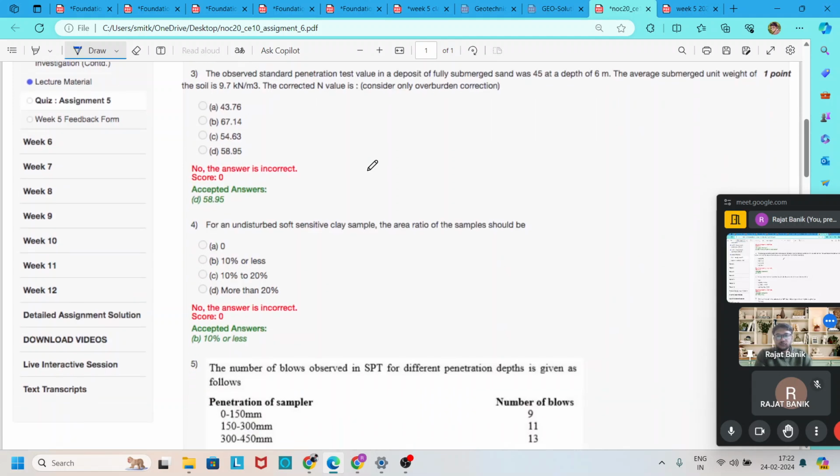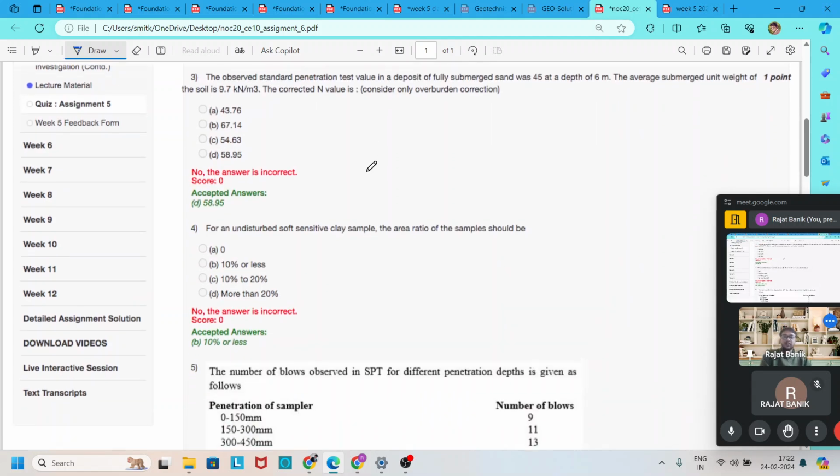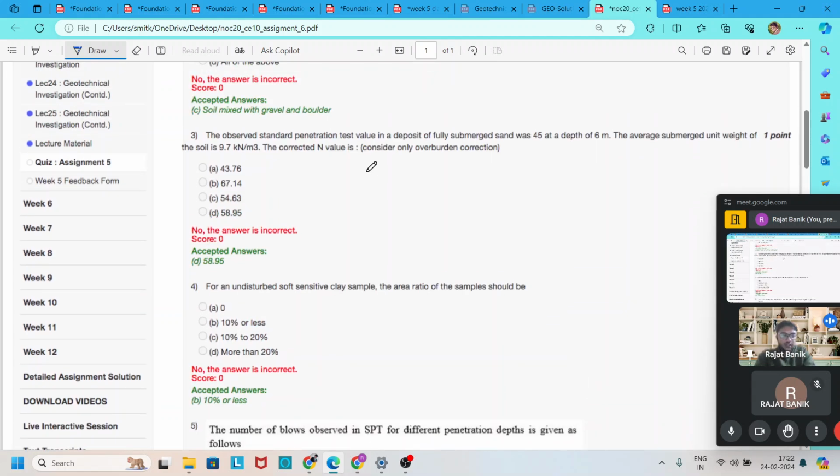Then move on to question number three. The question asks that the observed standard penetration value in a deposit of fully submerged sand was 45 at a depth of 6 meters.